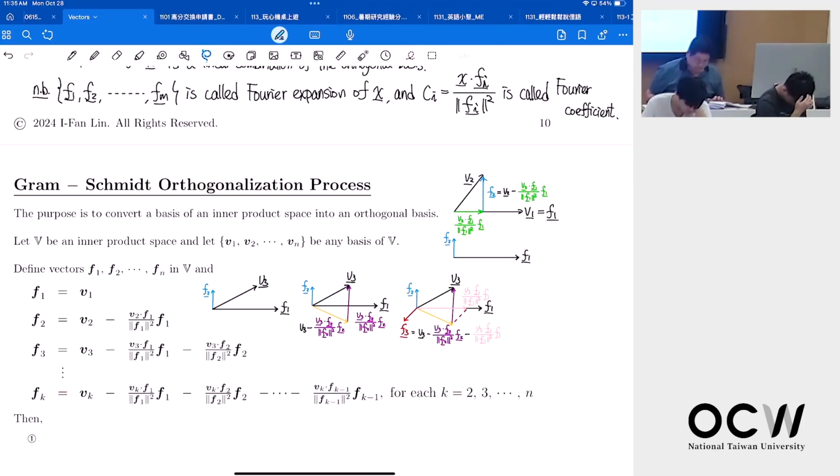Then my F1, F2, F3 will be perpendicular, and they will form an orthogonal basis.